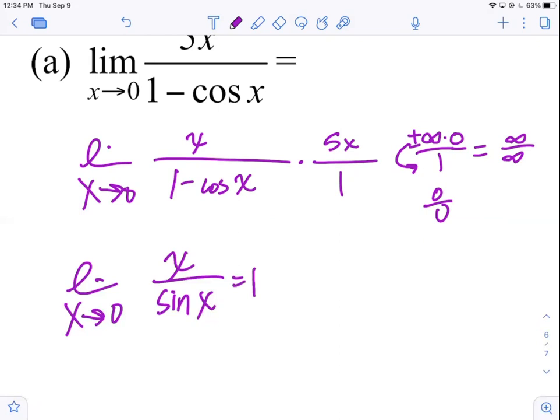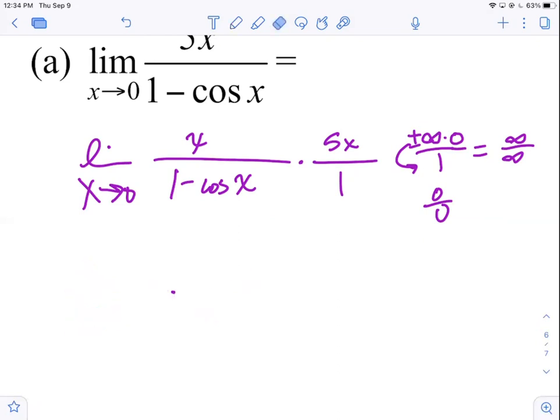All right, okay, good. So now my question is, how can we legally turn a 1 minus cosine into a sine? If this were 1 minus cosine squared, then we can call it sine squared, a la Papa Pythagoras.